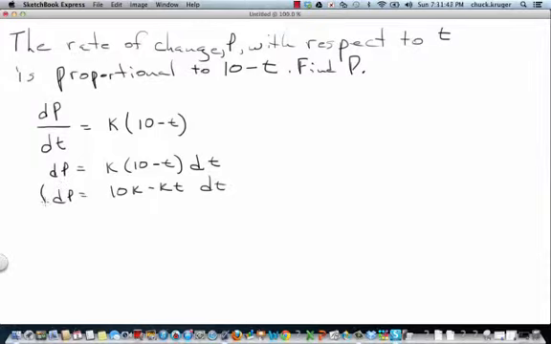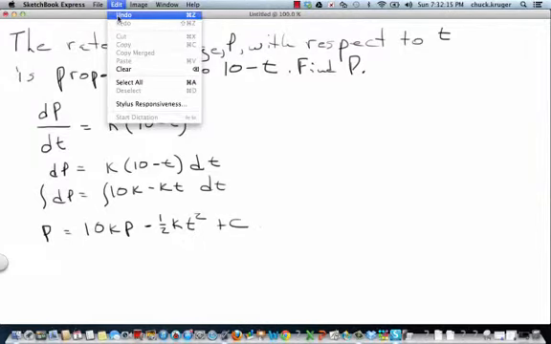And I'm going to integrate that. And over here I'm going to get p, and I'm going to have 10kt minus 1/2 k t squared plus c. And that's my answer for p. It has those two constants, k and c.